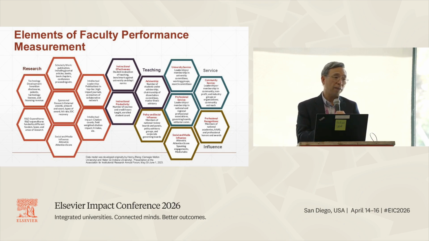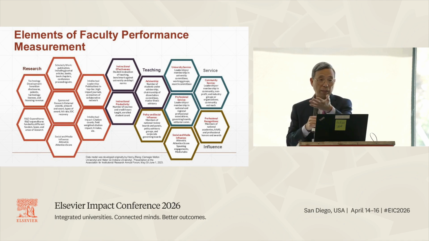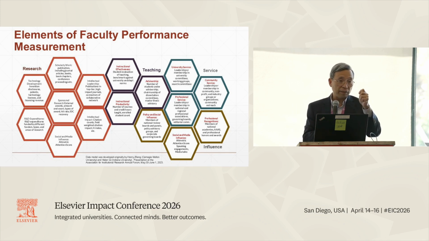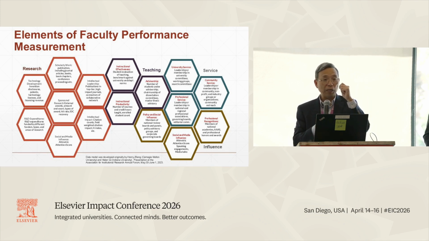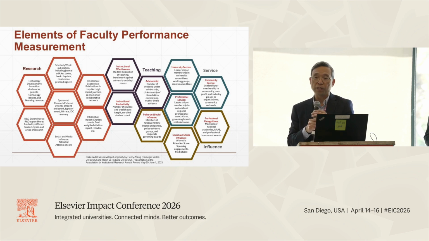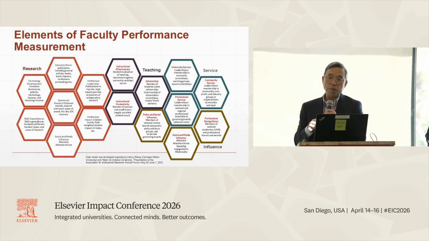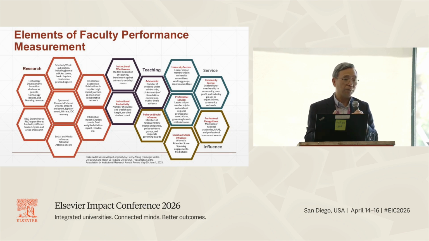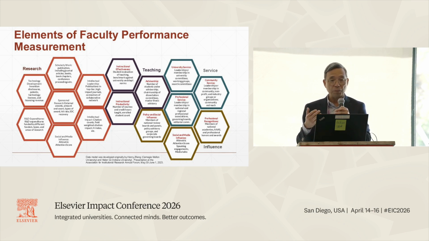What kind of impact does the faculty research have, like technology licensing, patents, government policy influence, media influence. So when you look at these 4 big buckets together, we are evaluating faculty performance in a much more holistic and comprehensive way.